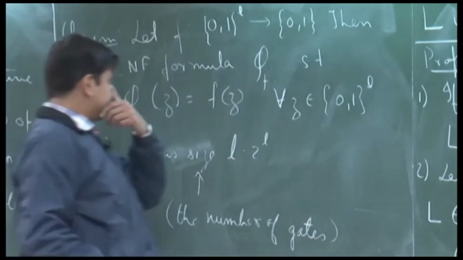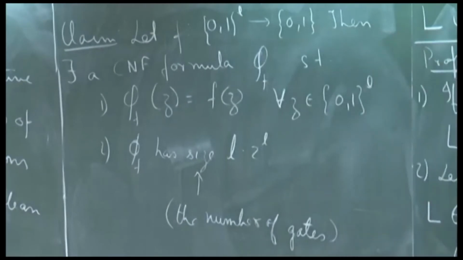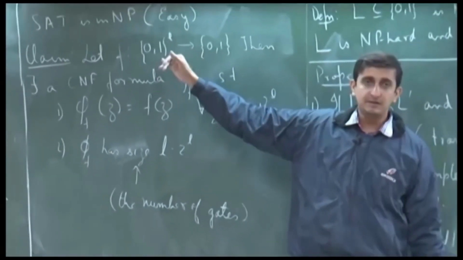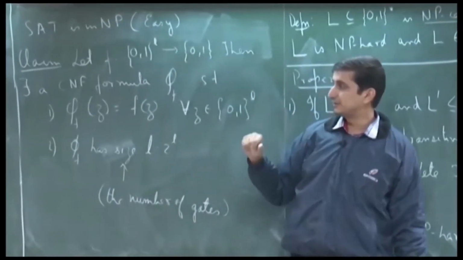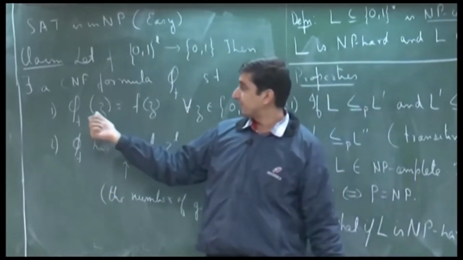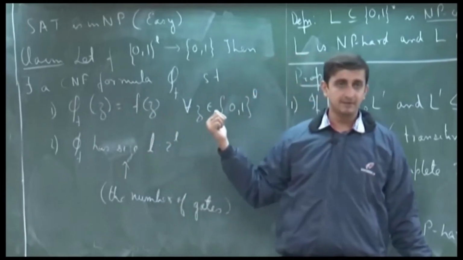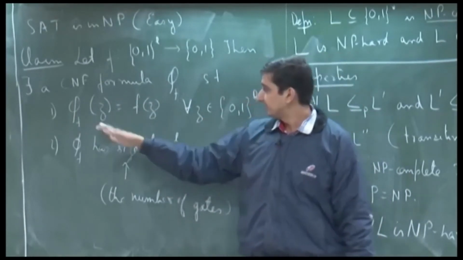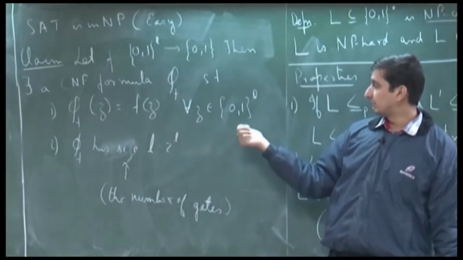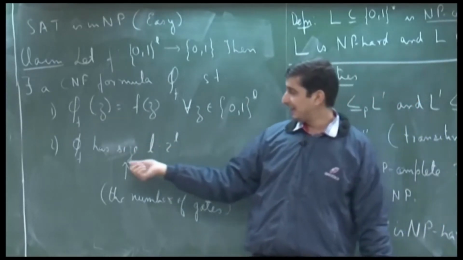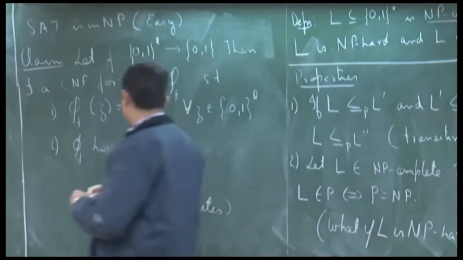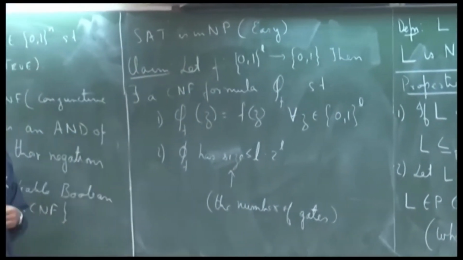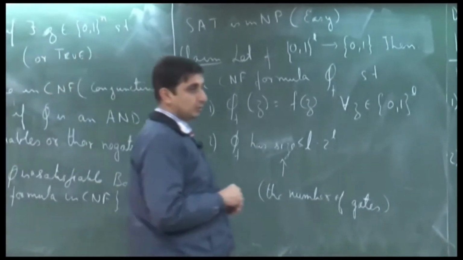So, essentially what we are saying in this claim is that if you are given any arbitrary Boolean function from L variables to 0 1, we can construct a corresponding CNF formula which will exactly replicate that function, in the sense that it will have the same value for all strings of length L, and it will have size at most L times 2 to the power L.